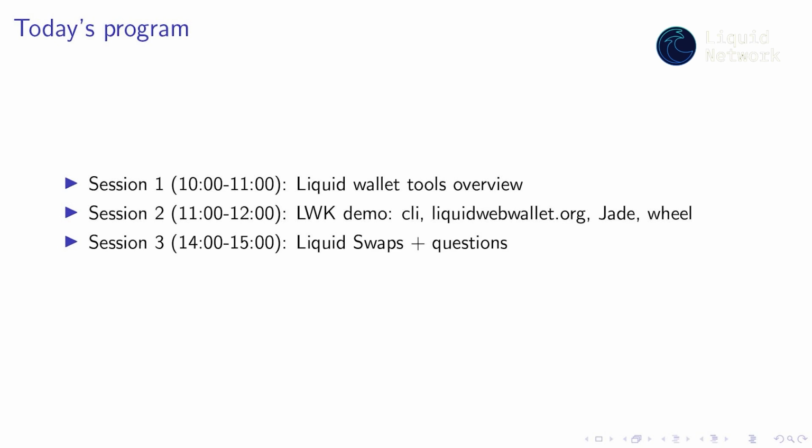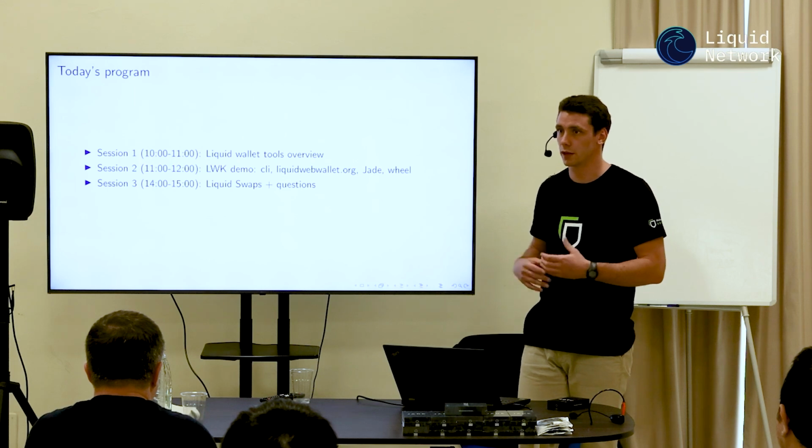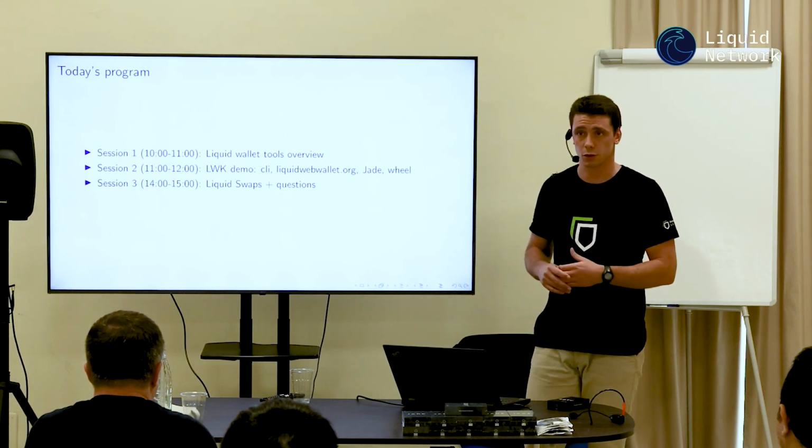During the first afternoon session, we'll talk about Liquid swaps, in the sense of swaps within the Liquid network. Liquid has multiple assets, and we can leverage that to build a transaction that has different assets in input, and these different assets might not belong to the same person.